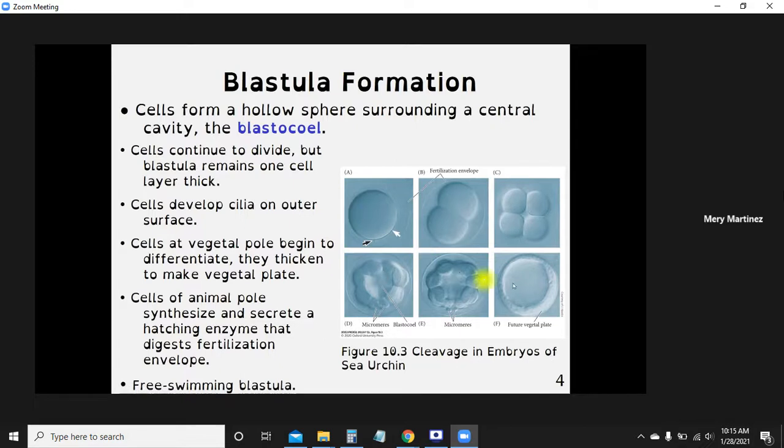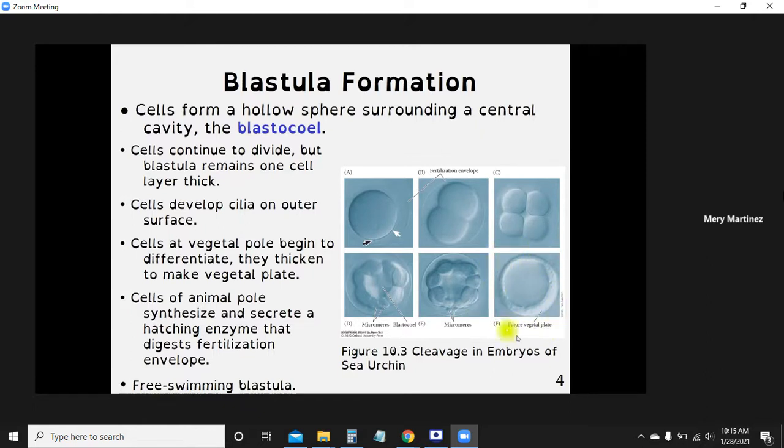We're going to start seeing some cilia appear at the surface of this blastula, okay? That is what we call the ciliated blastula, and it starts rotating inside the fertilization envelope.